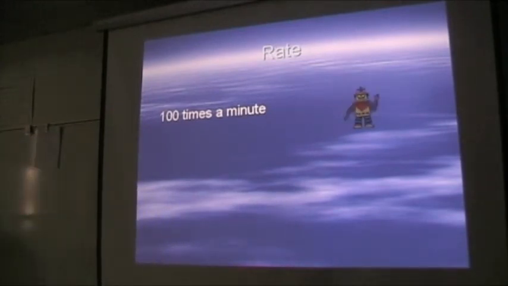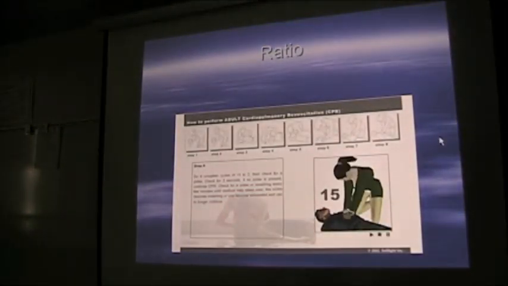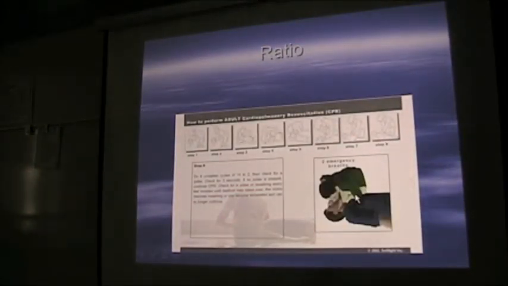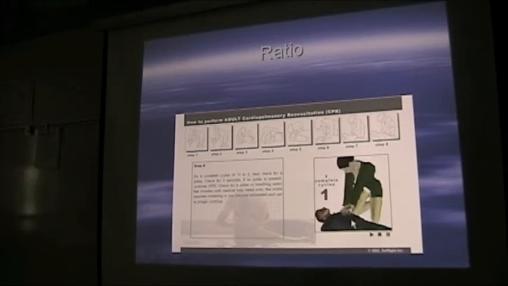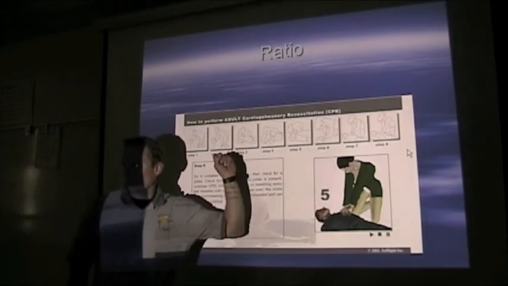So rate is completely different from the next thing, which is ratio. And what's the ratio for adult CPR, one rescuer? 30 to 2. And you can see how she just gave 2 breaths and she checked for a pulse, and now she's going to deliver 30 chest compressions. So we'll just stop it right there. With this, once again, completely different from the rate.